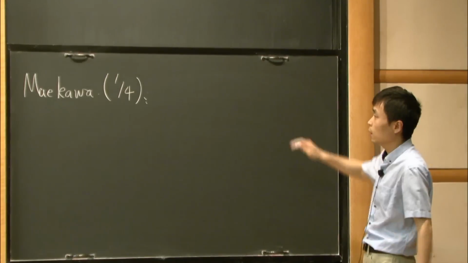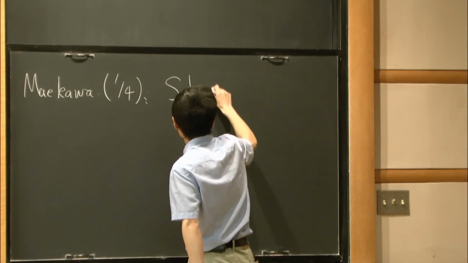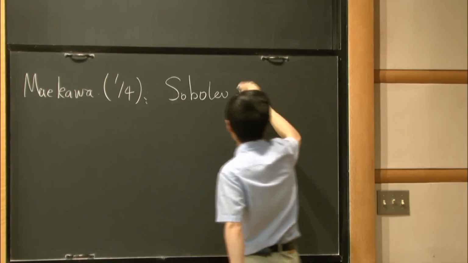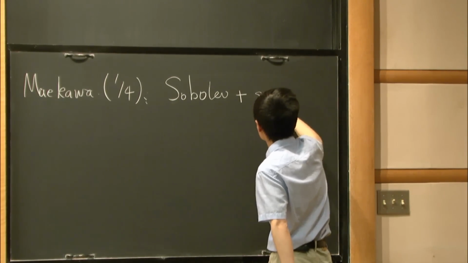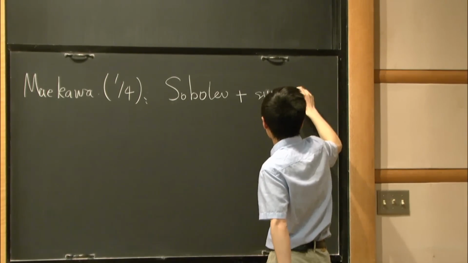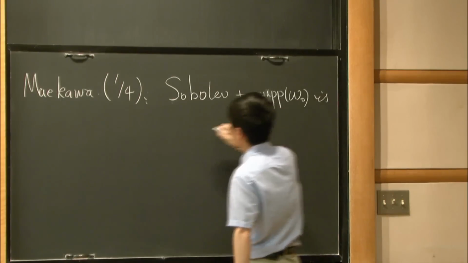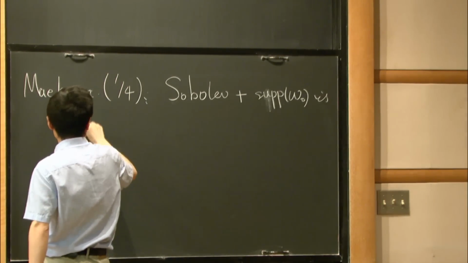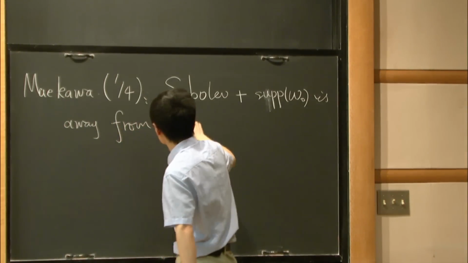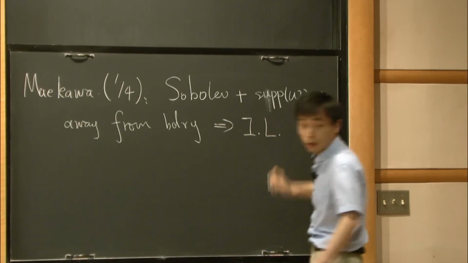That's because in their paper they assume Sobolev initial data, but they add some condition, like that the support of the vorticity is away from the boundary. This would imply the inviscid limit.